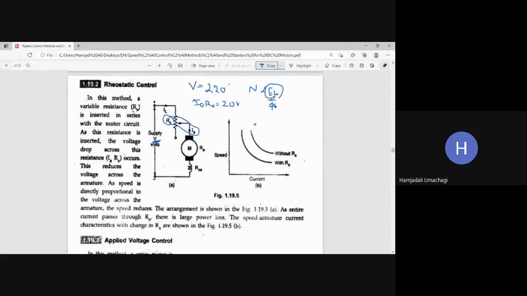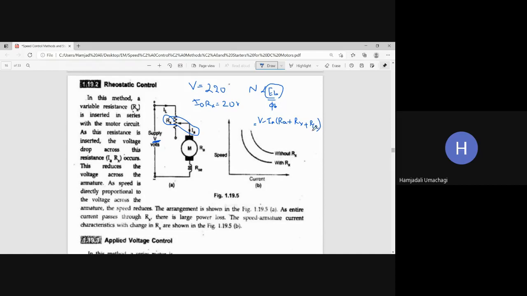So Eb for the series motor is given by V minus IA into Ra, plus Rx. Along with Rx, there is a term called Rsc also, because all of them are in series. There is a drop because of Rsc, and a drop because of Ra already.